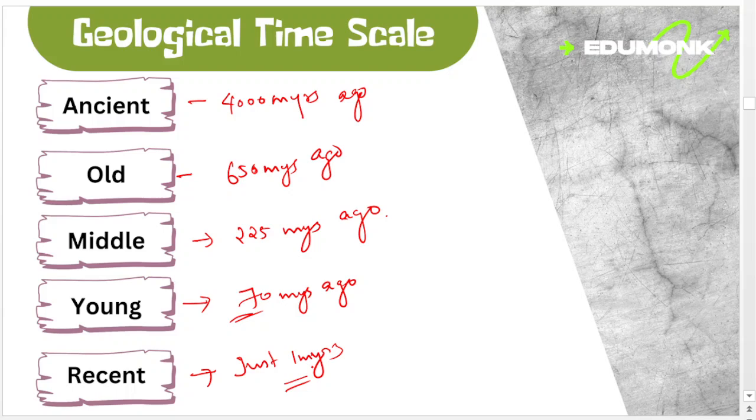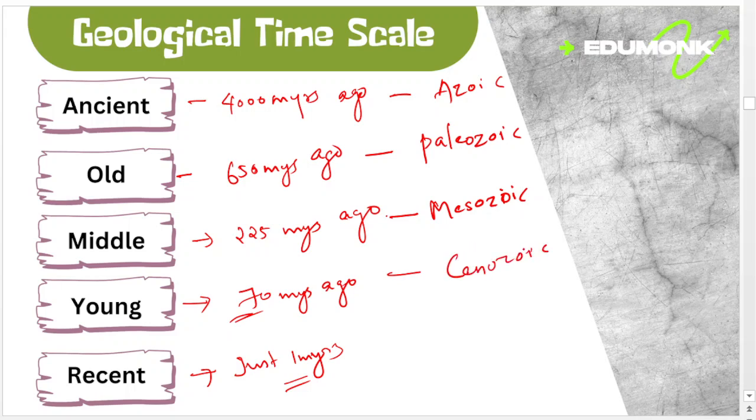These features also have other names. The ancient features we call Azoic. The old features are called Paleozoic. The middle features are called Mesozoic. The young features are called Cenozoic, and the recent features are Neozoic.